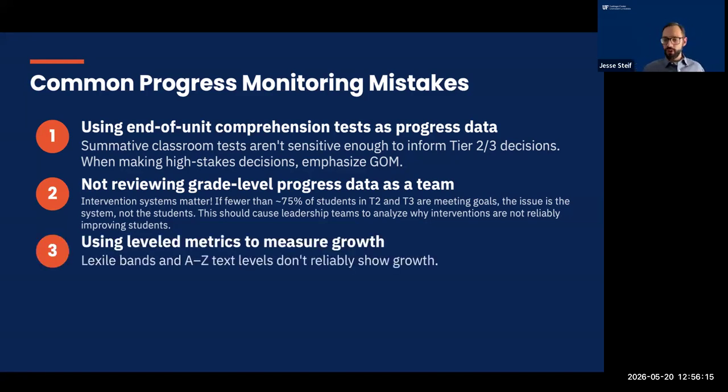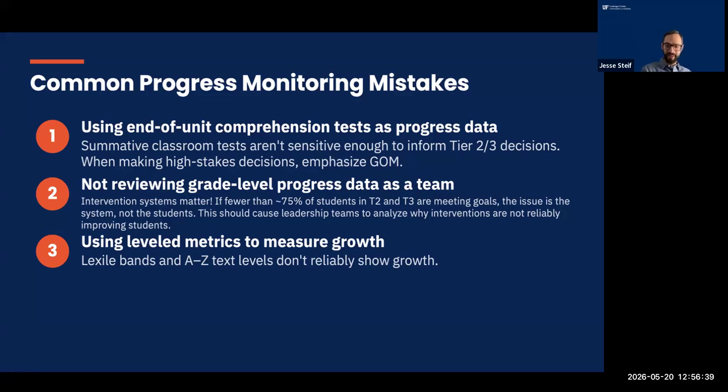We also don't want to use leveled reading levels to measure growth. There are a lot of different reasons why that's the case. But there is tons and tons of overlap between consecutive levels. So a level M text and a level N text may not actually be that much different from one another.